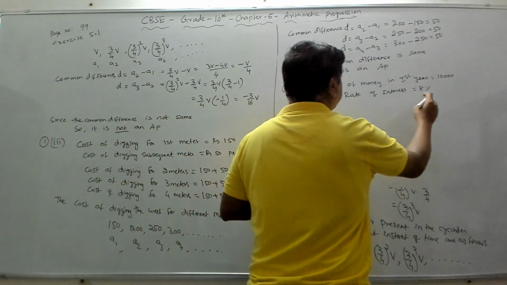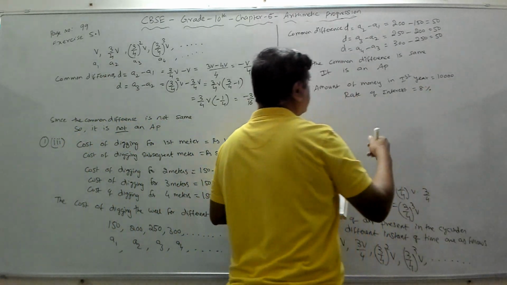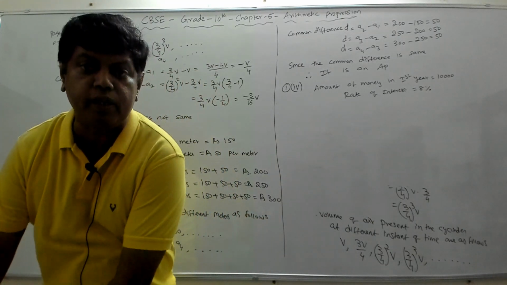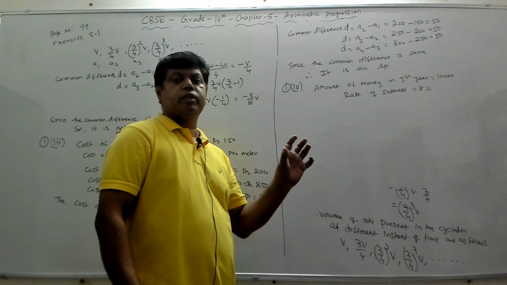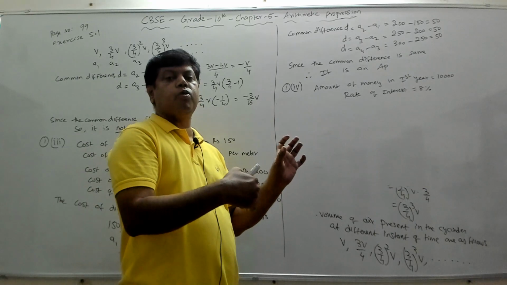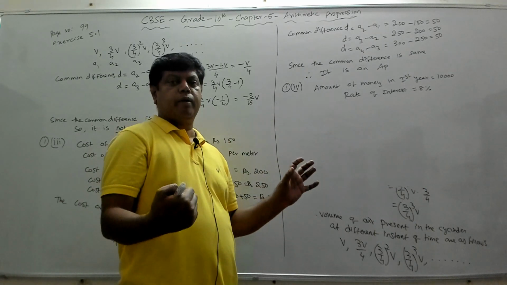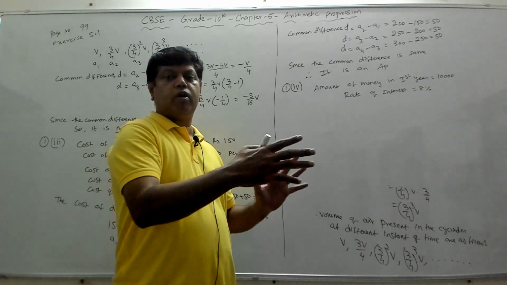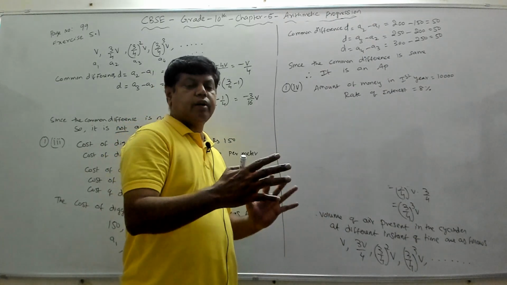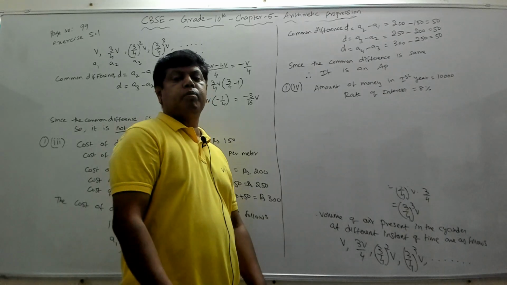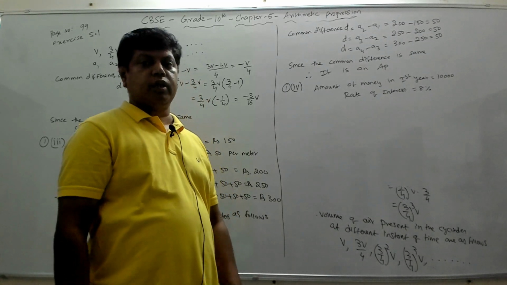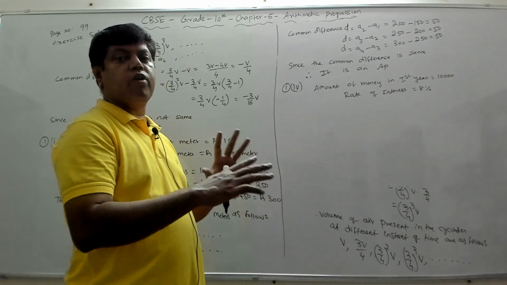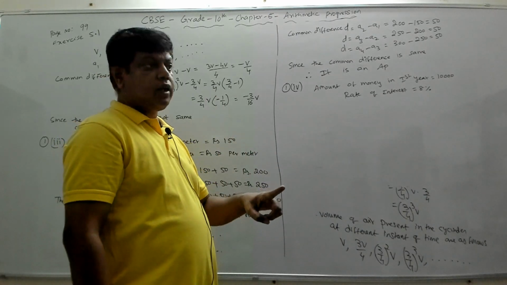Now we should check whether the amount of money that is present in the account every year, which means first year, how much is the amount of money, second year, how much, third year and fourth year. And then if we take those amounts of money for different years, whether that list of numbers form an AP. That's what we have to check. Which means we have to find how much is the amount of money in the first year, that we know.